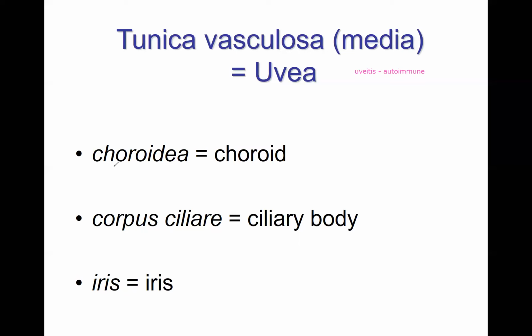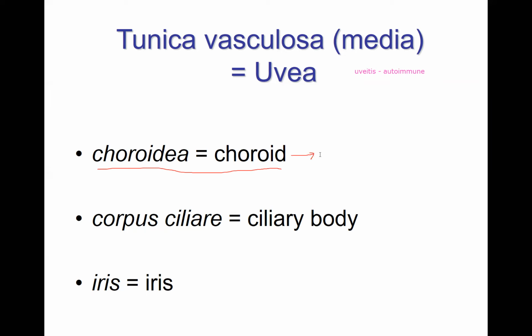The posterior part is called choroid, and the choroid is composed of vessels. That's why vasculose layer. The ventral part also contains vessels, but they also contain muscles, and the function is different than just the blood supply. Yeah? The choroid has to supply the rods and cones.